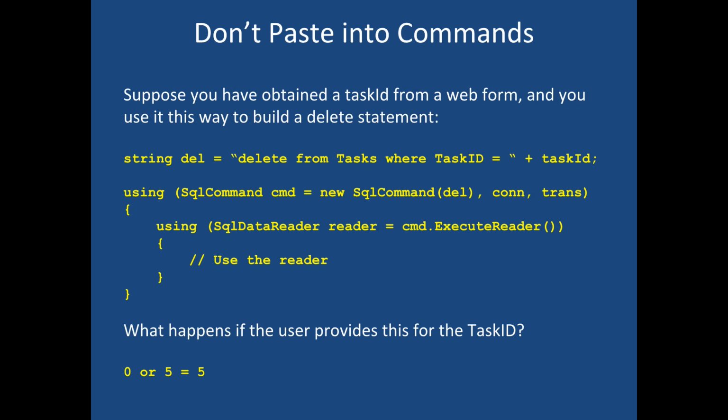But what happens when this text is used as the task ID up there? What does the query become? It says delete from tasks where task ID equals 0 or 5 equals 5. So task ID equals 0 is probably going to be false, but 5 equals 5 is going to be true. So you're basically saying delete from tasks where true.